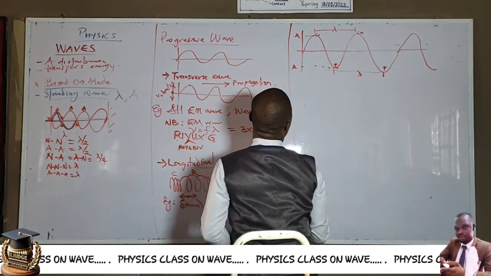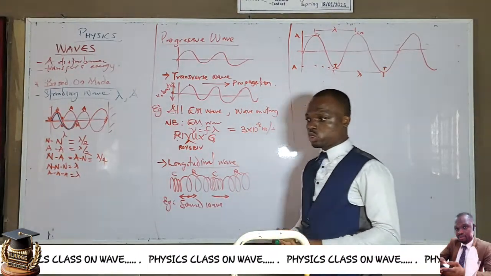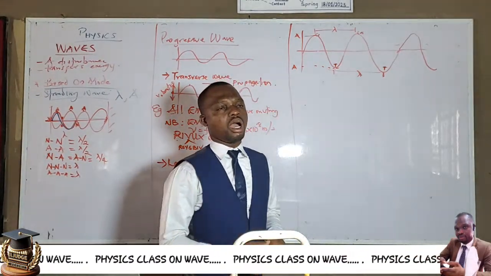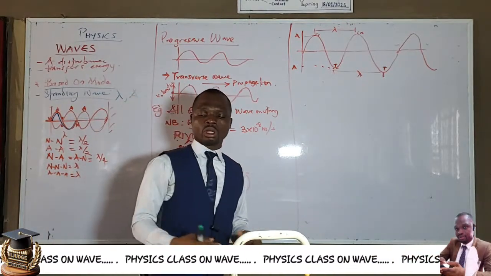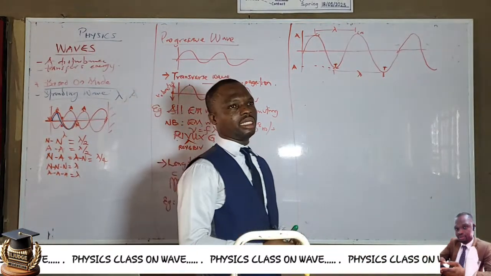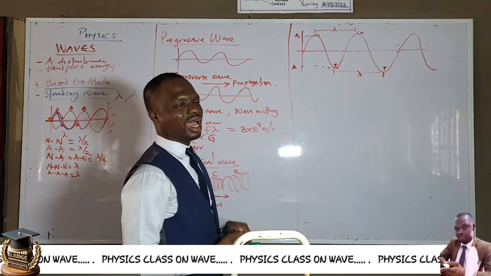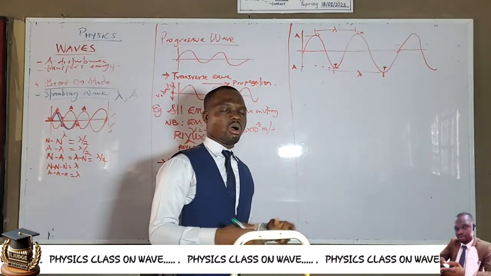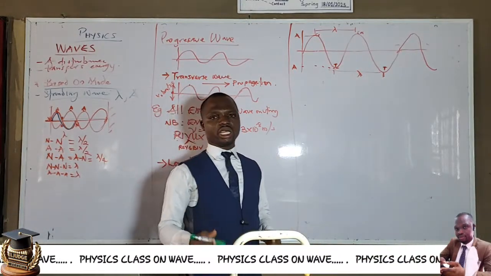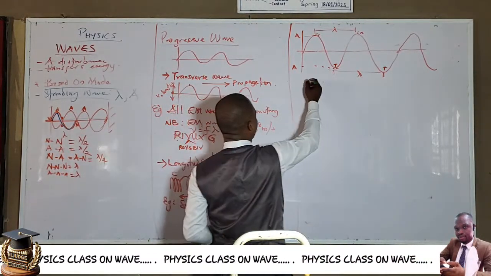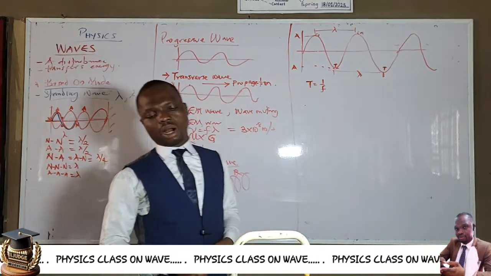We call it the amplitude. Now also note that in a wave, we also look at the frequency. Frequency talks about how many waves there are in 1 second. And it's always recorded in hertz or per second. Then we talk about the period T, which is the reciprocal or inverse of f.